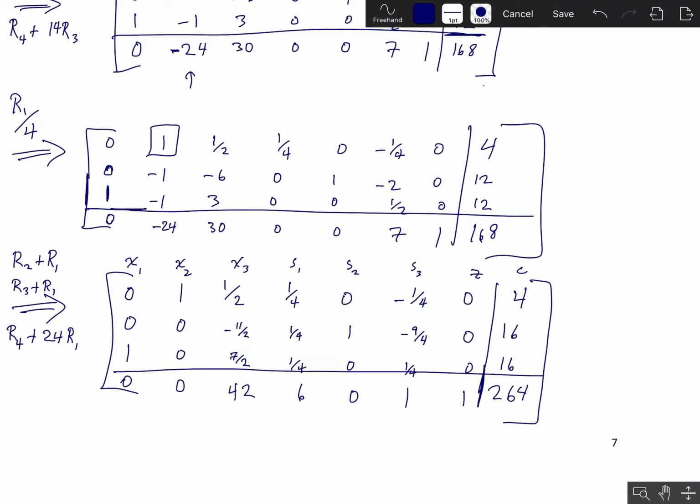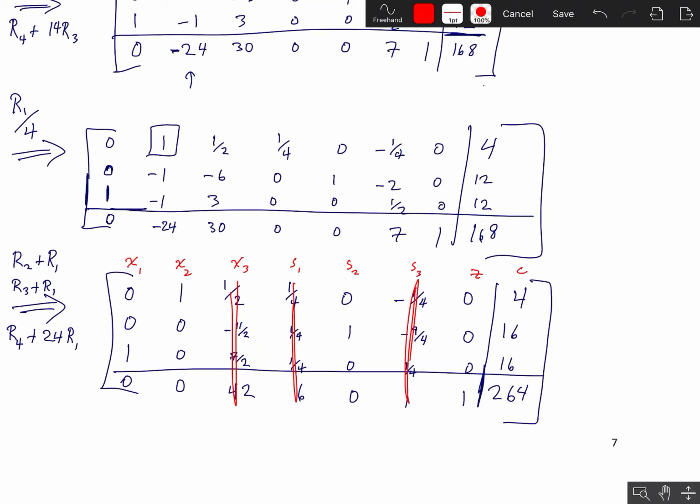So now I'm going to read off the optimal solution here. Remember that in order to read off the optimal solution, we first eliminate any of the columns that have too many non-zero entries. So I would eliminate this column as being non-basic, this is non-basic, this is non-basic.